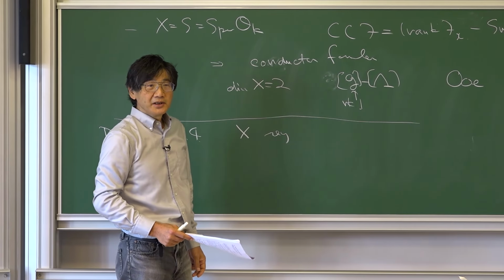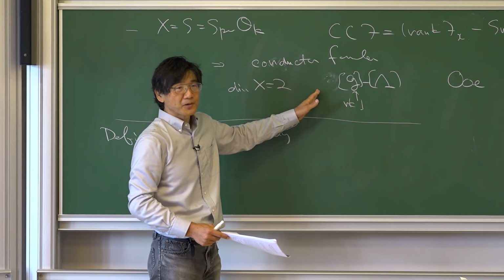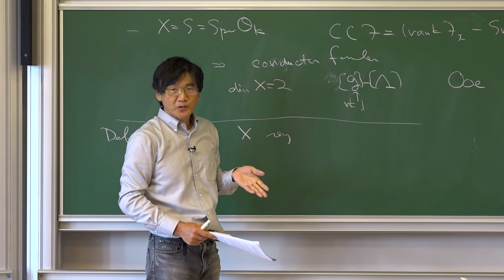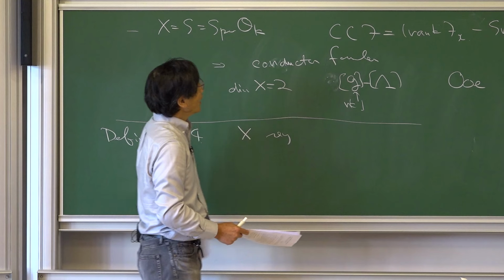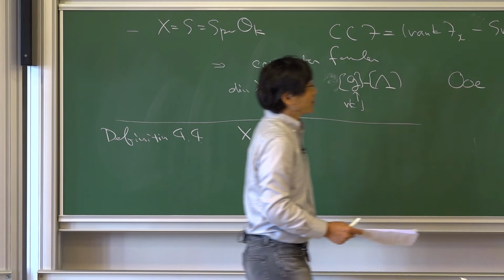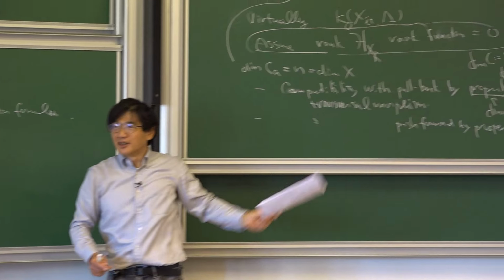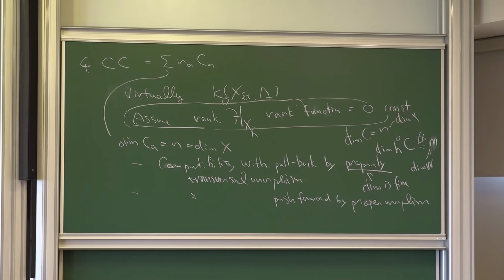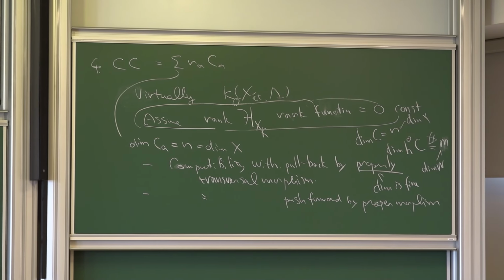Bloch's conductor formula is the case for constant coefficient, and I always assume this condition, the difference.